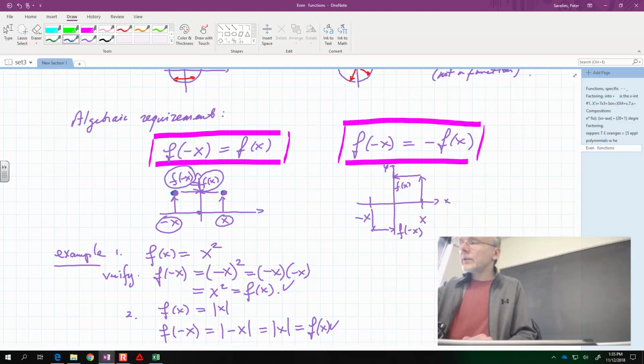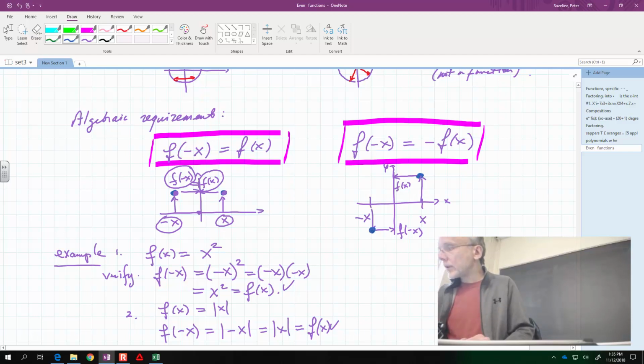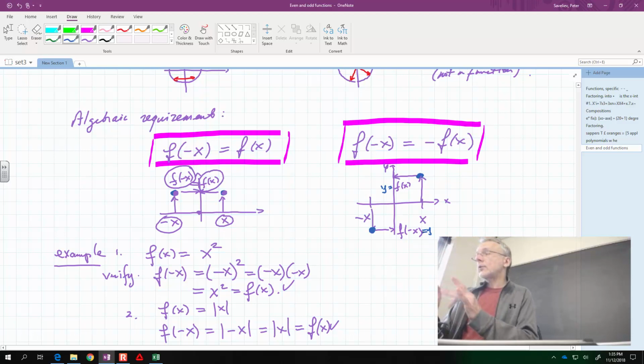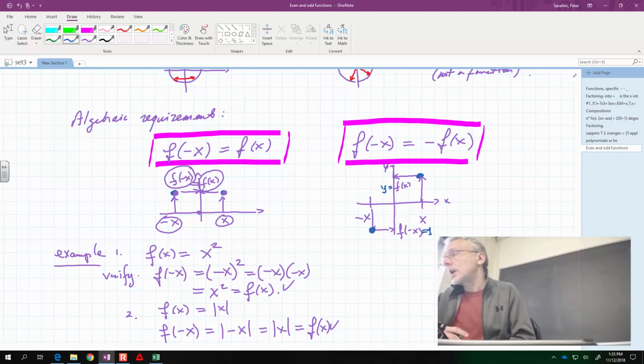Okay, so once again, if this point is on the graph, then x goes to f of x in that manner. If this point is on the graph, this negative x goes to f of negative x under f in that manner. And then from the symmetry, we know that this y and that y have to have opposite signs in order for the function to be odd.